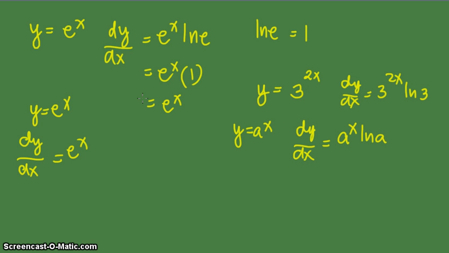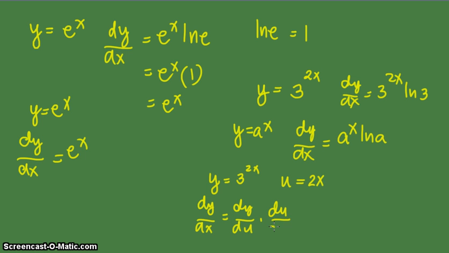So we will just extend the rule. If y is equal to 3 to the 2x, we can apply the chain rule by setting 2x as a letter u. Now remember, in chain rule, dy dx is equal to dy over du times du over dx. When we replace 2x by u, the y becomes 3 to the u.